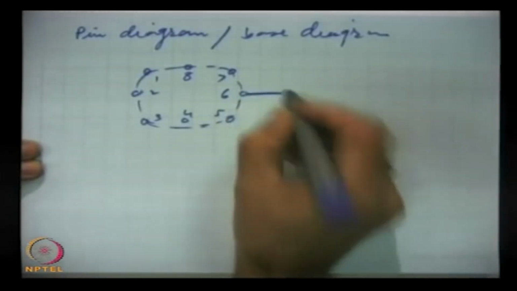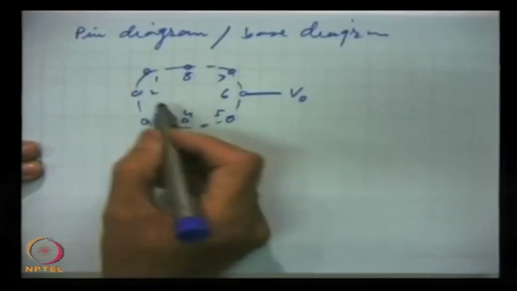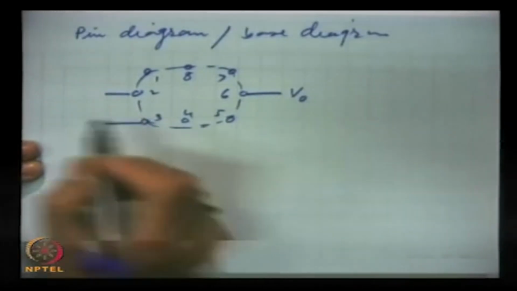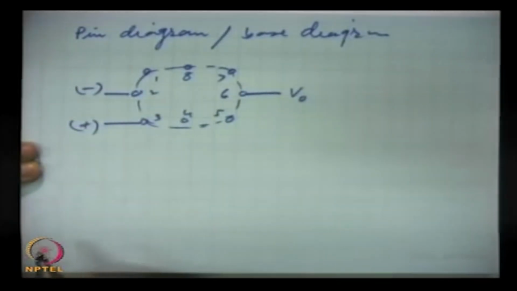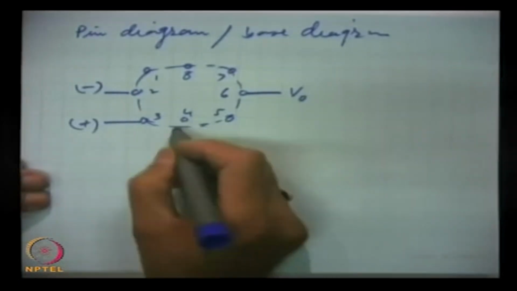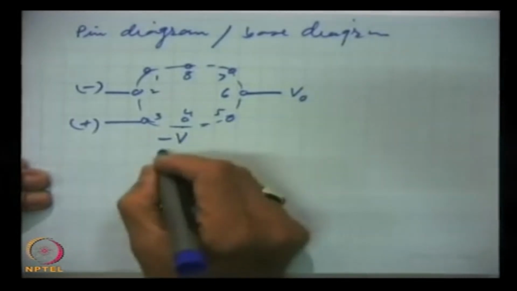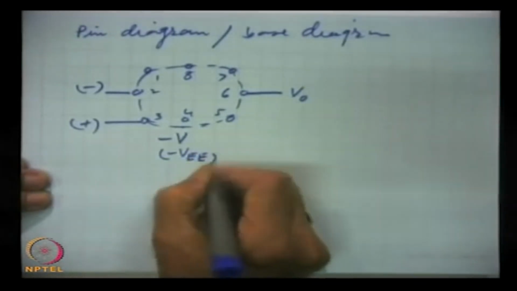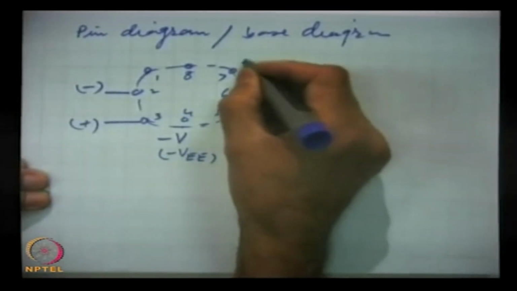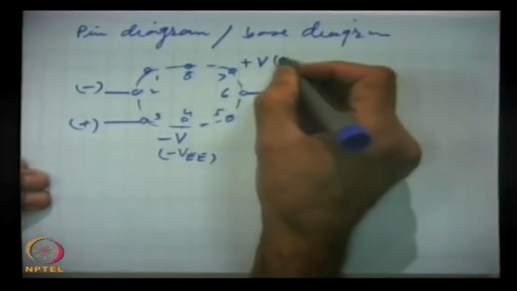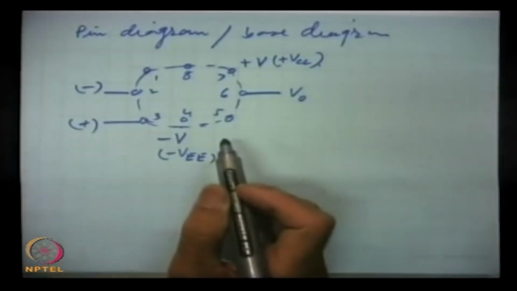The output is here, V out, and the two inputs are at pin number 2 and 3. This is the inverting and this is the non-inverting. This is the connection for minus VEE, and pin 7 is for plus VCC, and these are offset.